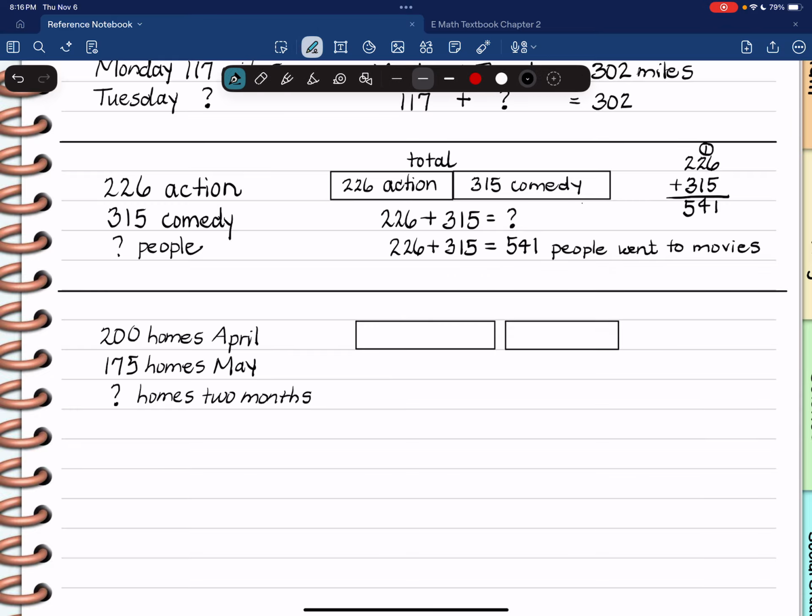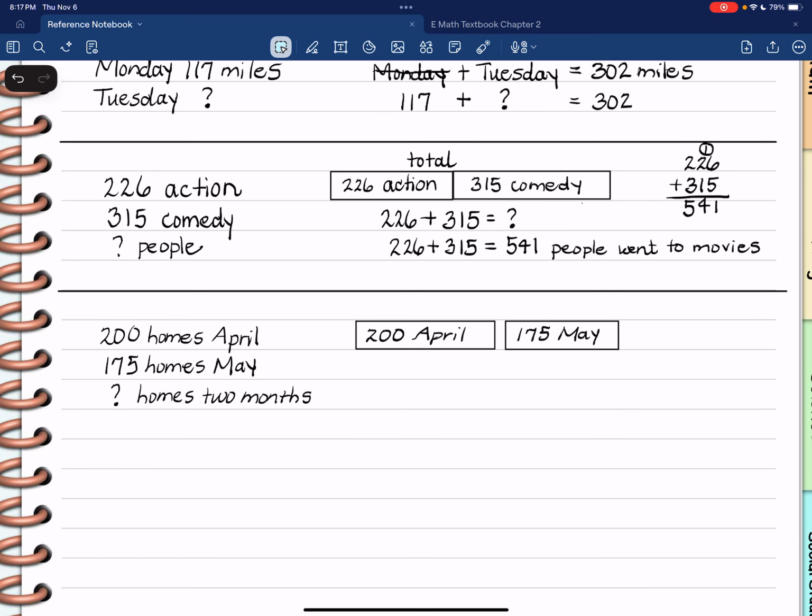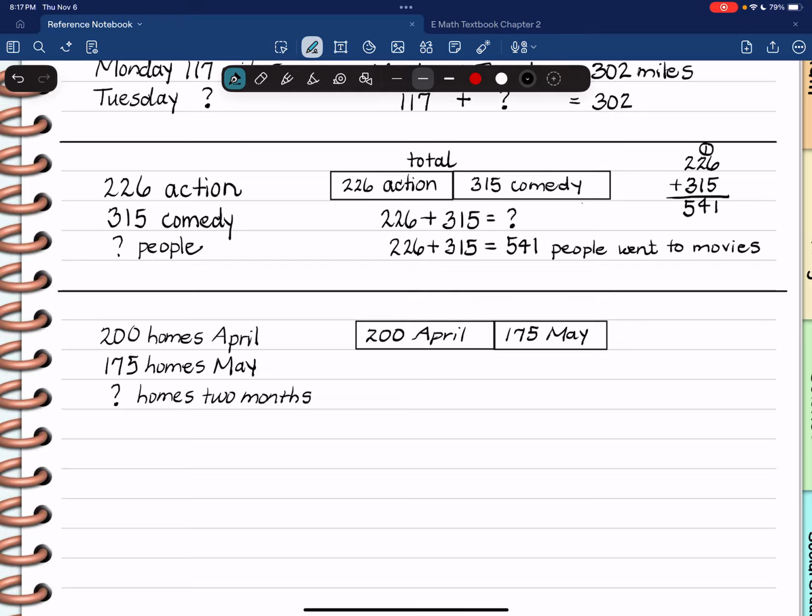The bigger one is going to be the 200 because 200 is greater than 175. So the smaller one will be the 175 in May. And I need to put my bars together. We need to make this connection right here because that is what will tell me the total. What is that 2-month total that we're looking for?